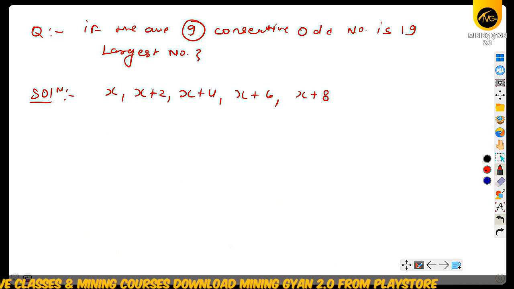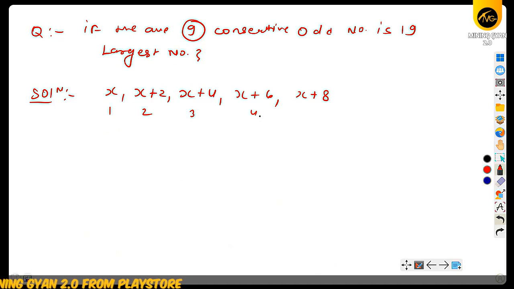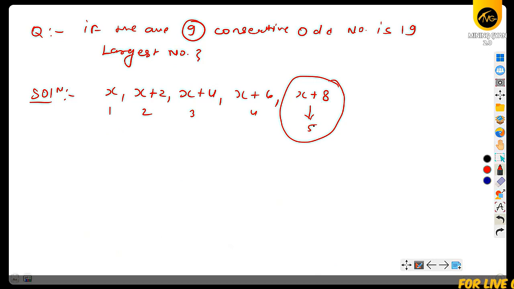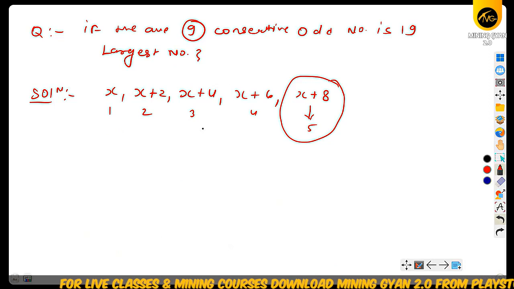So basically we have the 9 numbers, that will be the first half will be 4 numbers, like this is 1, 2, 3, 4, and this is the 5th number. So basically we already know the 5th number is the mid number. So there is no need to write down all those series numbers. If you find out the highest number, the largest number, then we have already basically a shortcut method.